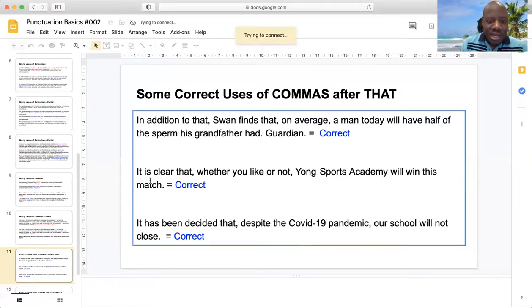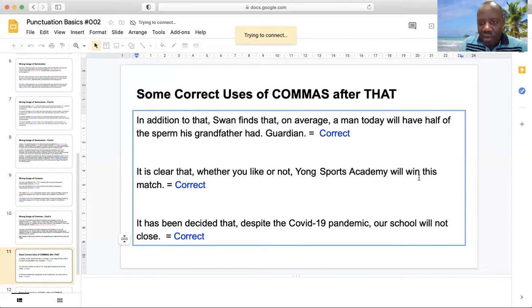All right, the next one is: "It is clear that, whether you like it or not, Young Sports Academy will win this match." So this sentence has this comma here and this one after that, and they are correct in the sense that what we are trying to say is that it is clear that Young Sports Academy will win this match, okay?